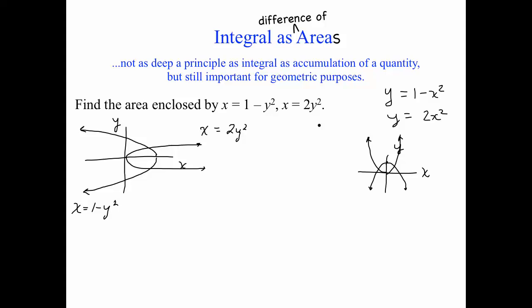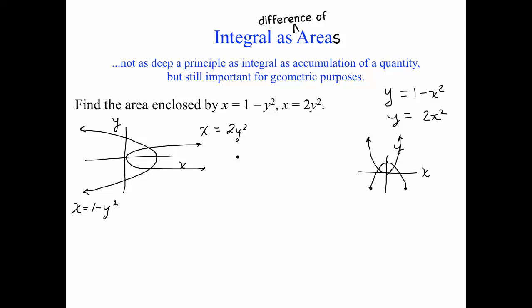Now I want the area enclosed by those two. Does it say anything about an axis? No. So the axes are off the table. The region is not going to be formed by the x or y axis. So for instance, it won't be this because this uses the y-axis. It won't be just this here. If it was just this right here, it'd be formed by the x-axis. So it's truly the area enclosed by just those curves, not any axis.